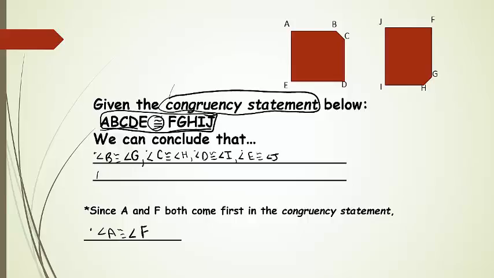Like, I know that side AB is equal to side FG. The reason I know that is because A and B are the first 2 letters, and F and G are also the first 2 letters. And so I'm going to keep going.